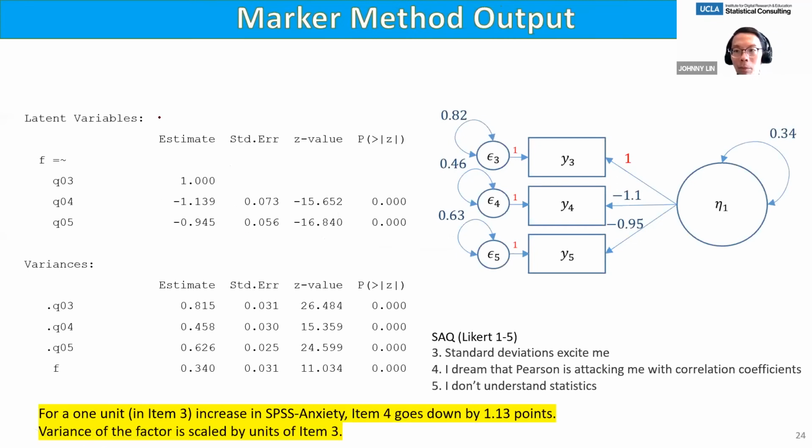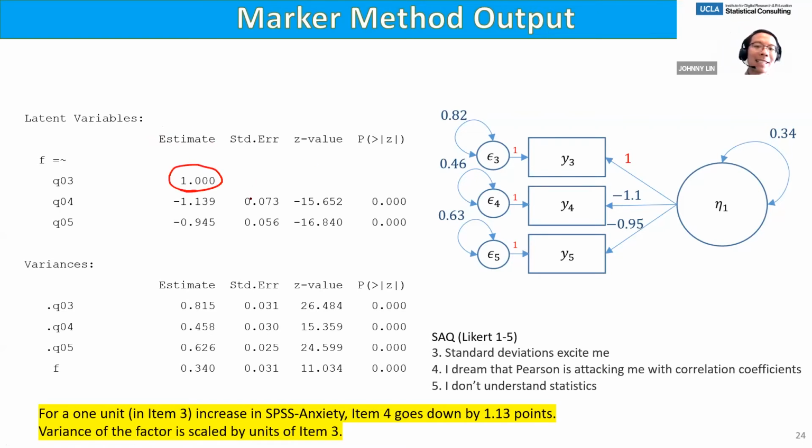Well, this is a summary output, and I have the estimate column. This is where you check and verify that what you did was right. How do I know that the marker method was implemented? Anyone want to say something? Okay. Basically, I see a 1 here.